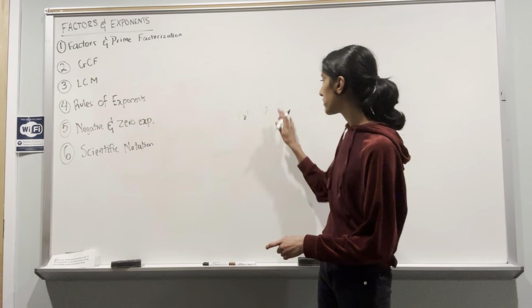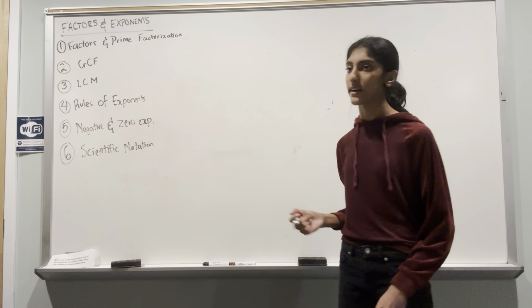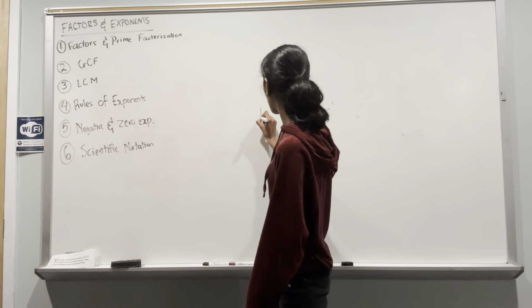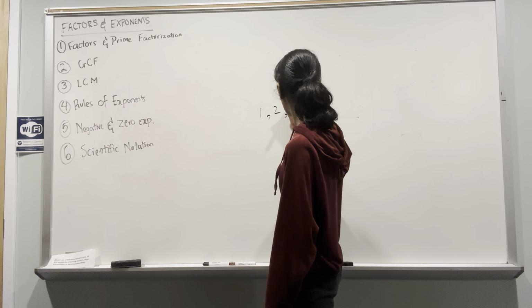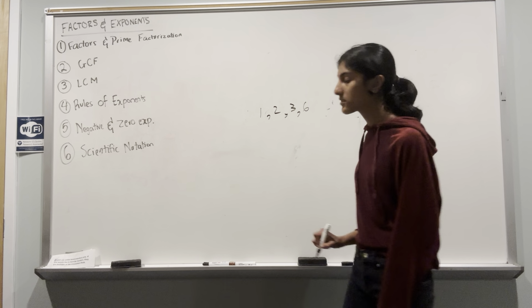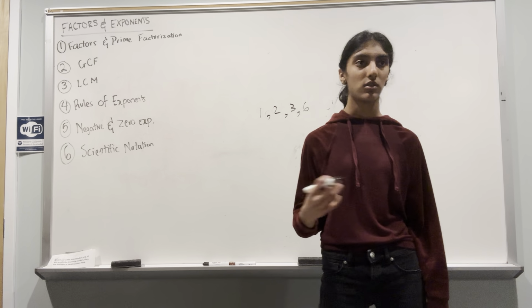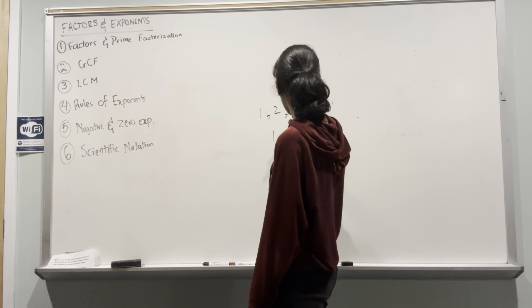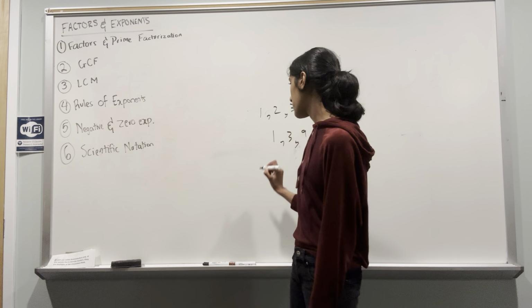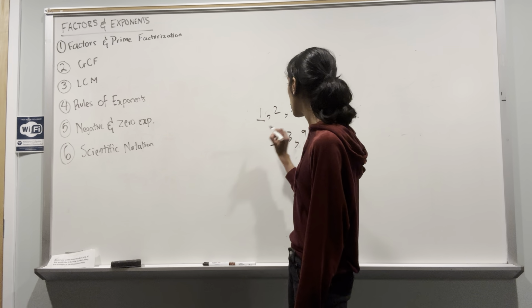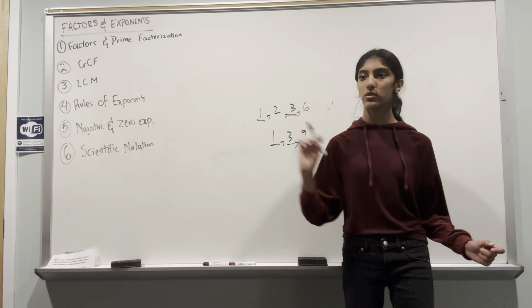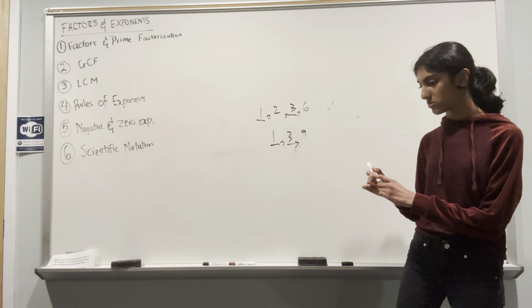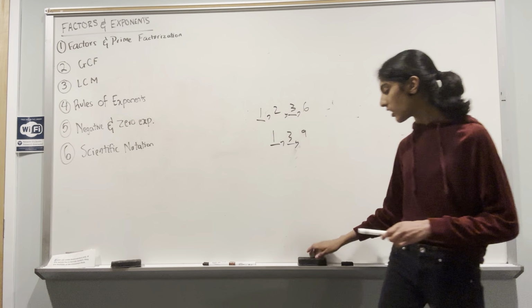So for example, if I have the factors of 6, which are 1, 2, 3, and 6, and I have the factors of 9, which are 1, 3, and 9, my common factors are 1 and 3, because both of these numbers have those two digits as factors.